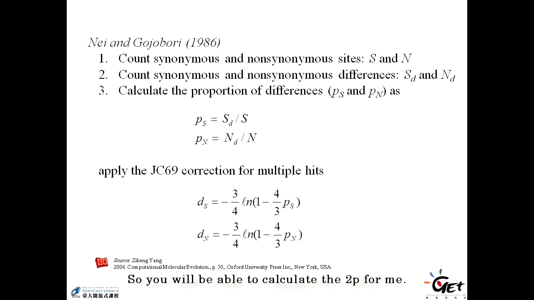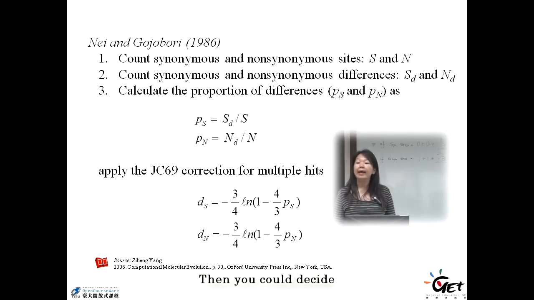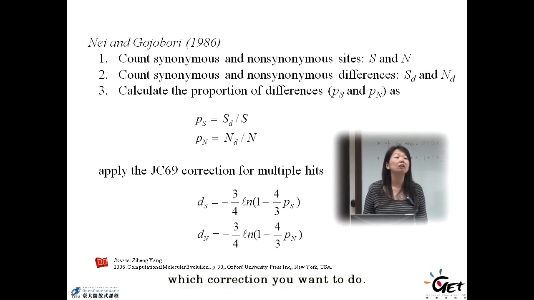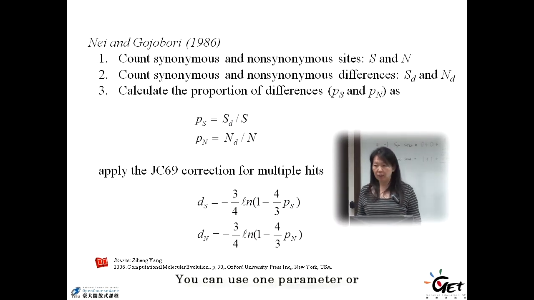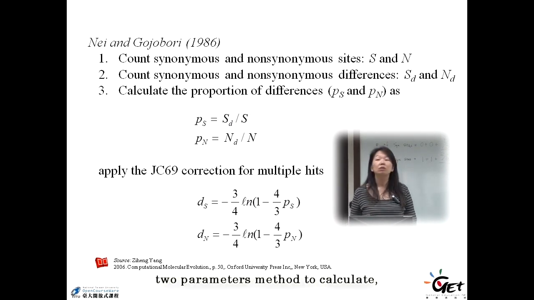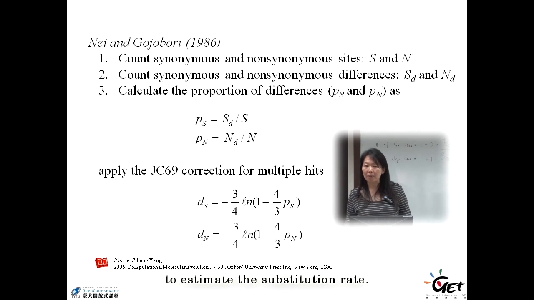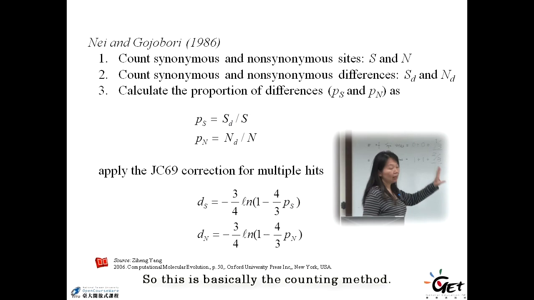So you will be able to calculate the little p for me. So the little p is the proportion of the differences for synonymous or for non-synonymous. So that's the one showing on the top. Then you could decide which correction you want to do. You can use 1 parameter or 2 parameter method to estimate the substitution rate. So this is basically the counting method.